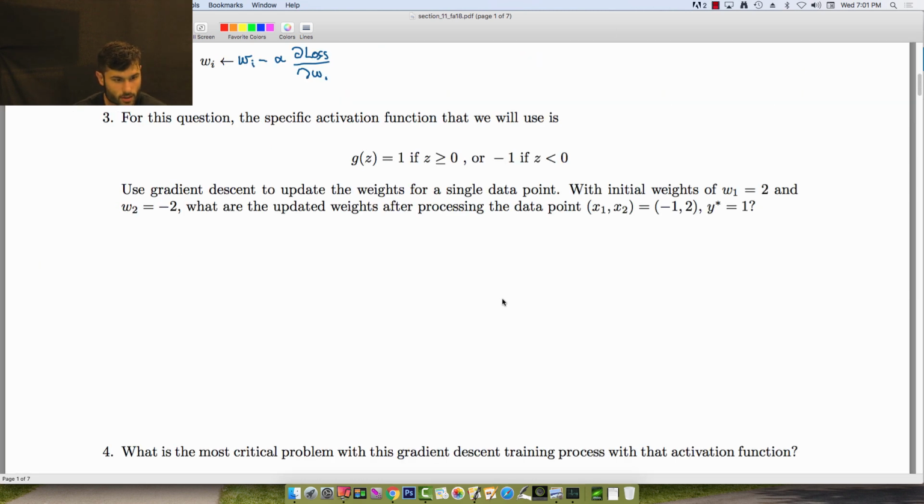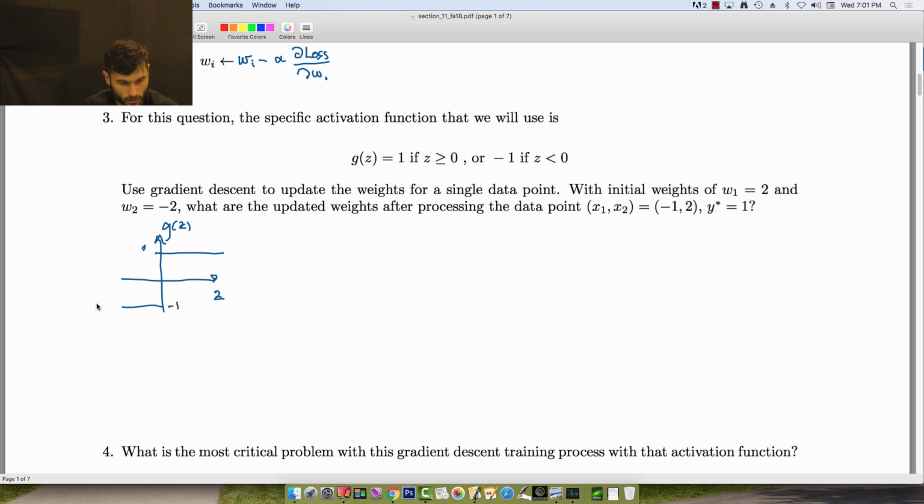In this third question, they ask us how the weights will change if we have the activation function that is 1 when z is positive and minus 1 when z is negative. So in this case, the activation function, if we draw it, will be something like this, where here is 1, and then the lower part is minus 1.